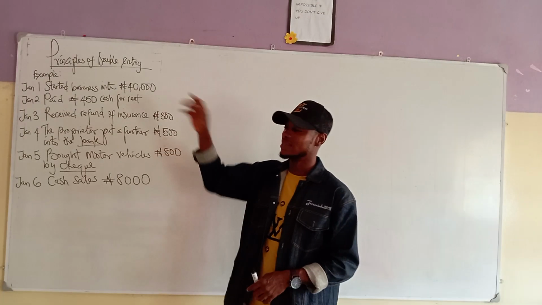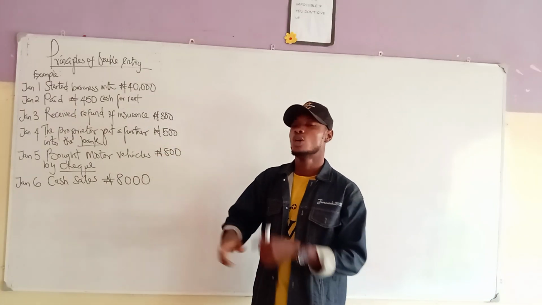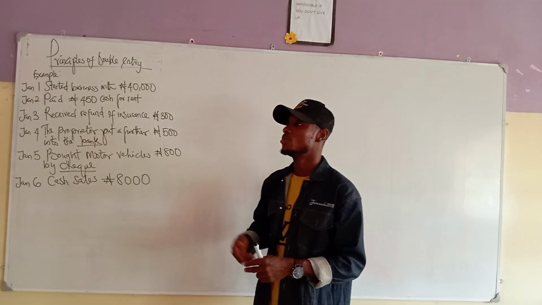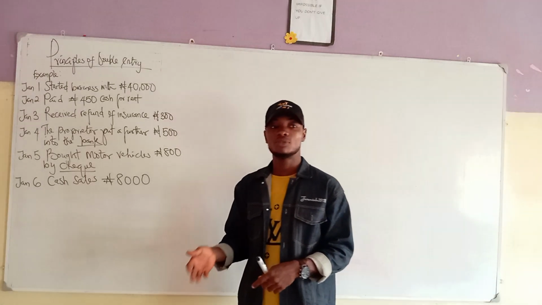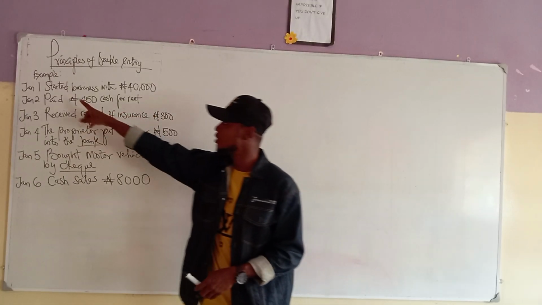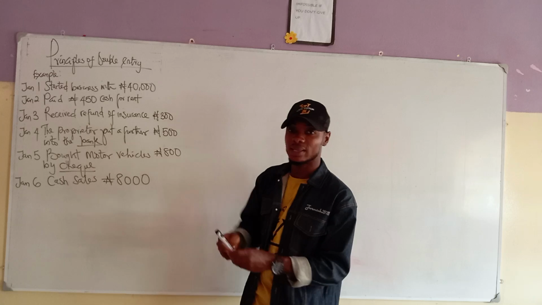When you are starting a business, the money you set aside, the money you put into that business in order to make more profits, is called capital. So January 1st, started business with 40,000 naira.